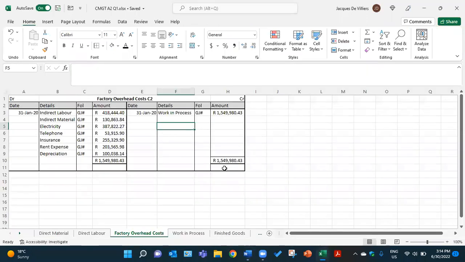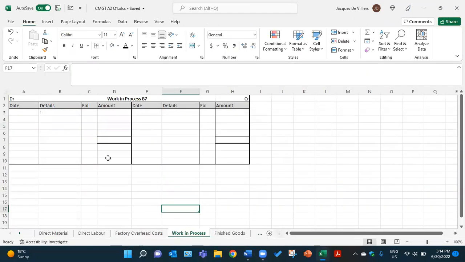Okay, when we do it, go to work in progress. On the first day of the year, there was a balance that was brought down, and it is given as 29,000 something. Then on the last day of the financial year, I have those 3 balancing entries for work in process. So what am I expecting?